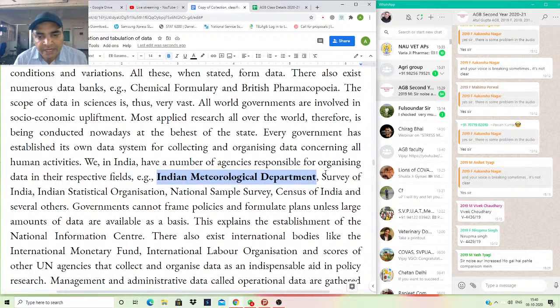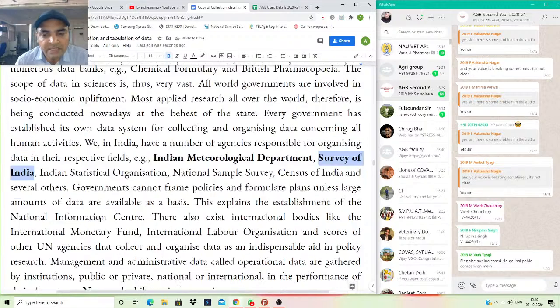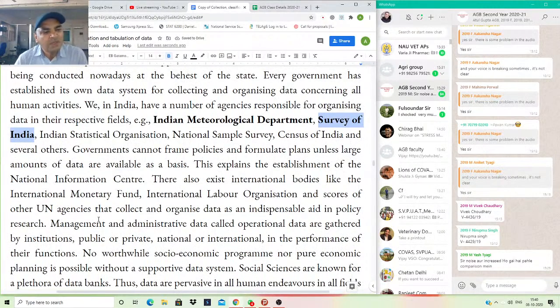Then Survey of India, then Indian statistical organizations, National Sample Survey, Census of India. All these are big data, and they are kept to draw out conclusions about where we are heading, so that we can forecast what is going to happen in the coming 10 or 20 years, and that too very accurately.